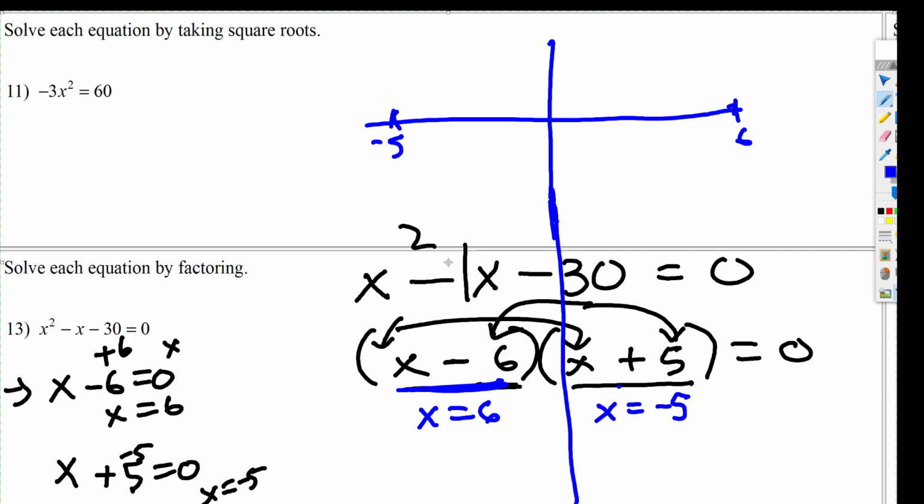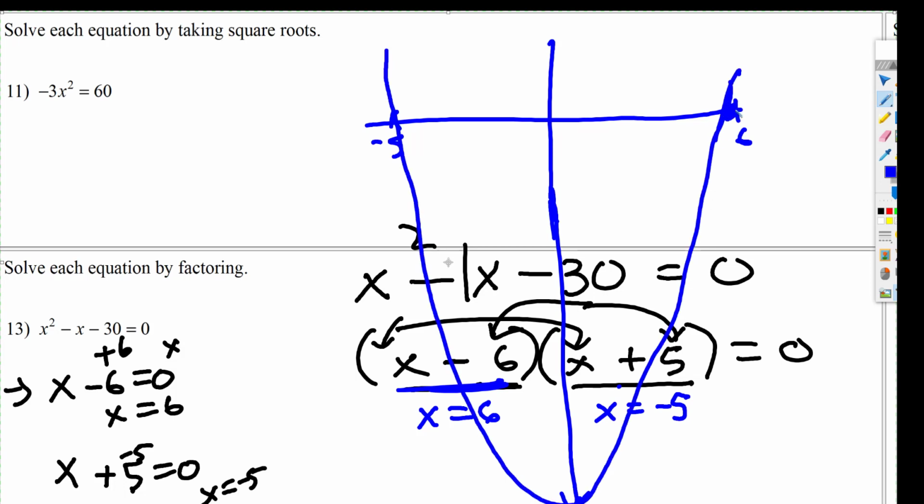Well, -30 is probably still way down there someplace, but that graph is going to be doing something like that. Because remember, the x's mean they're the roots, or where they touch the x-axis. All right, that is it for this one.